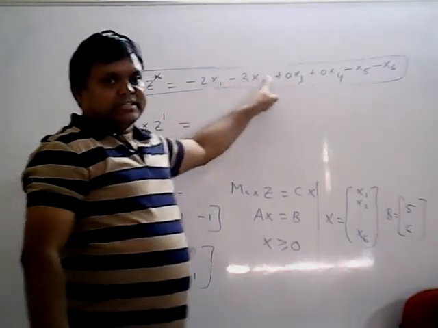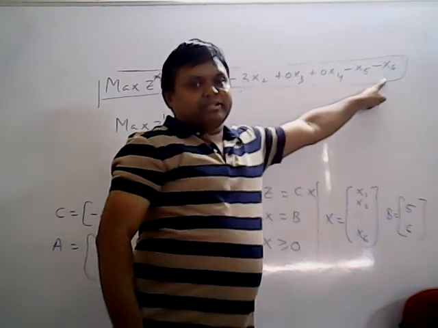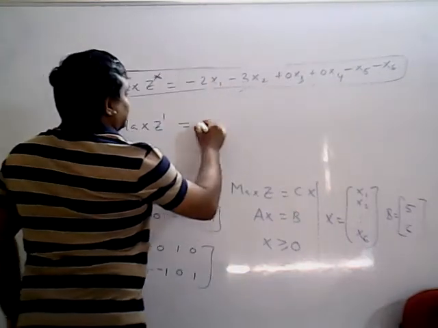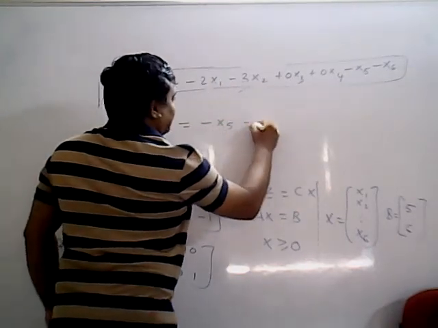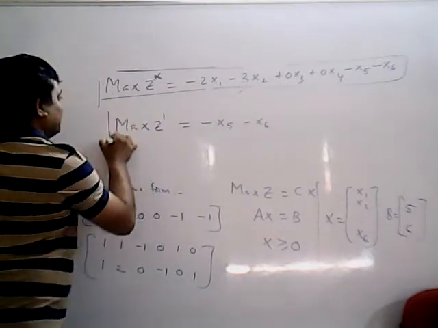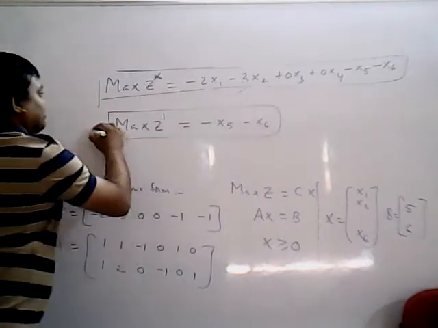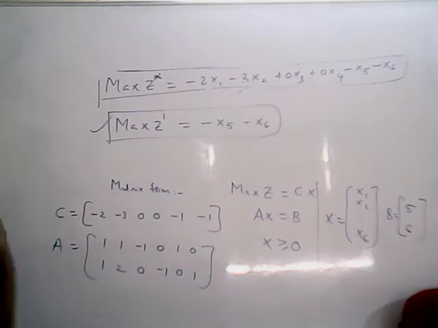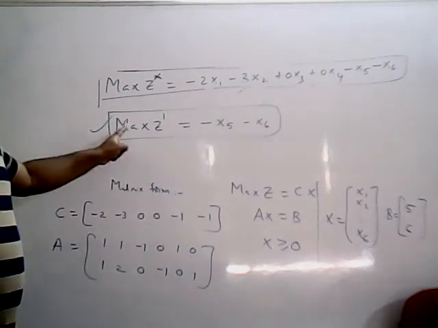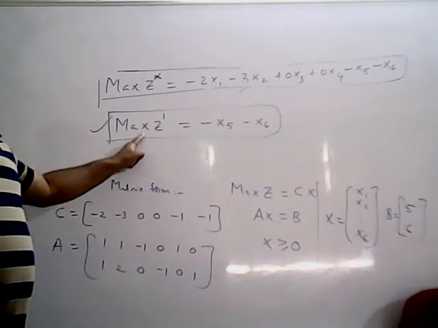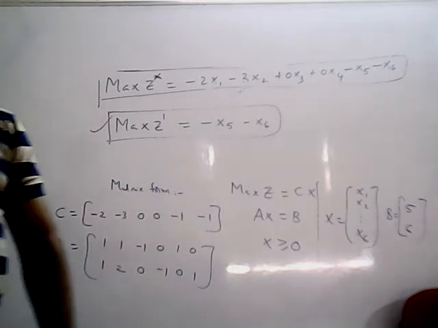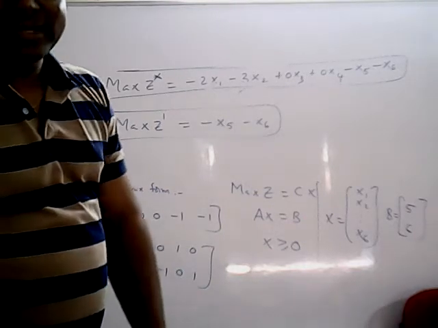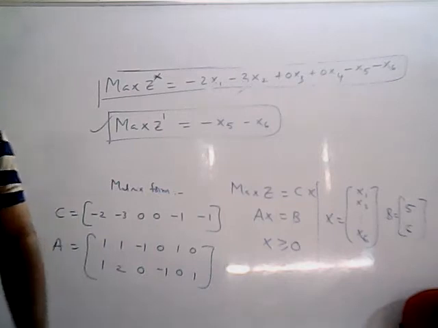So the artificial variables here are -x5 and -x6. This is important: in phase 1 the objective function is this one only. Modified objective function: maximum z dash equal to -x5 - x6.